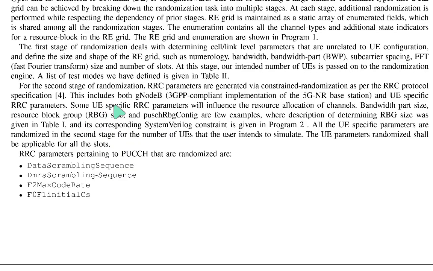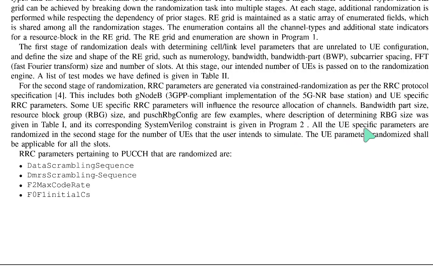Some of the UE specific RRC parameters will influence the resource allocation of channels. Bandwidth part size, resource block group (RBG) size and PUSCH RBG config are a few examples, where the description of determining RBG size is given in Table 1, and each corresponding SystemVerilog constraint is given in Program 2.